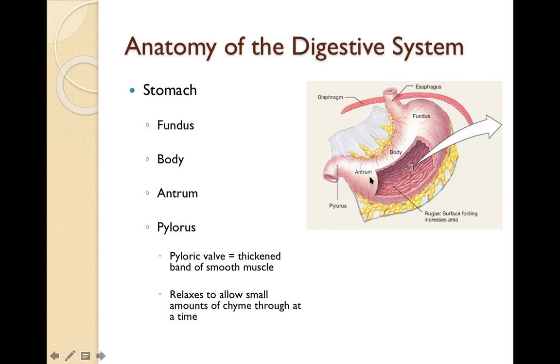This is referred to as the antrum. And then the narrowest part of the stomach is referred to as the pylorus. And this is the end of the stomach that starts the small intestine. So right after the pylorus, that's where your small intestine starts. Notice that the stomach is a sort of J-shaped organ.